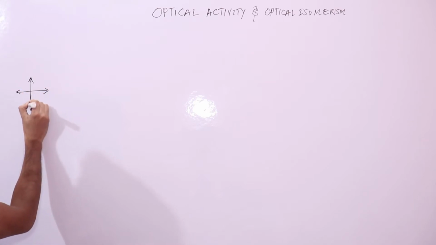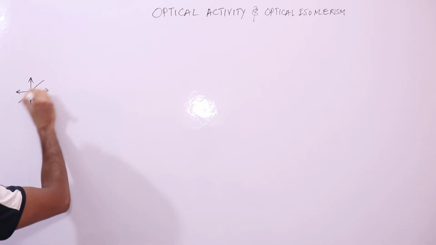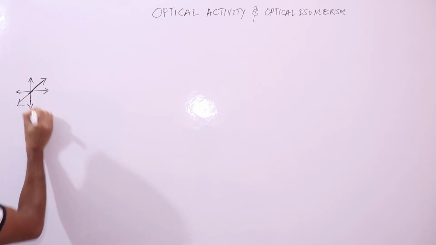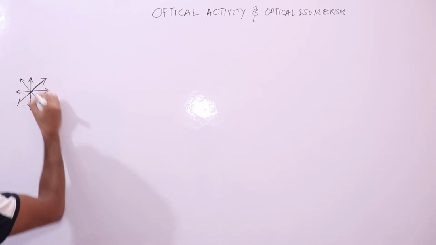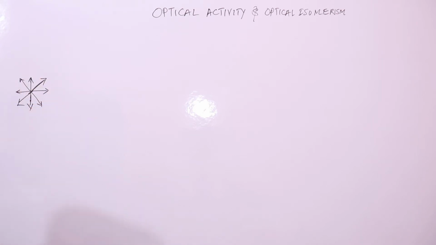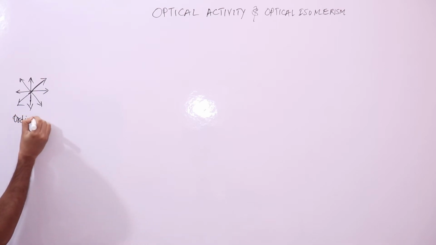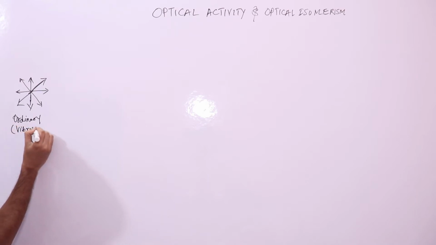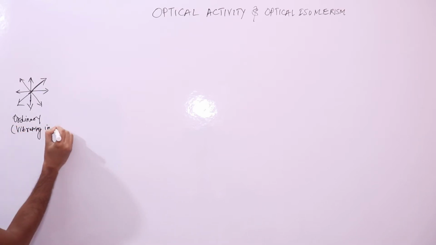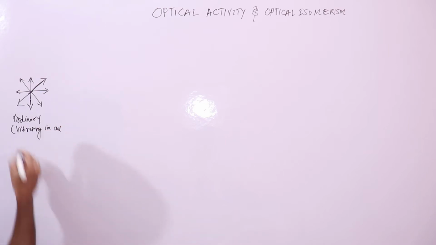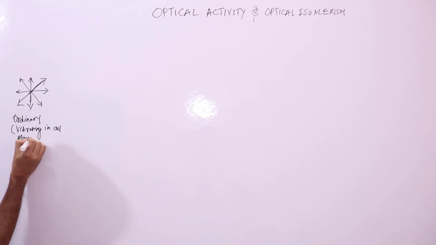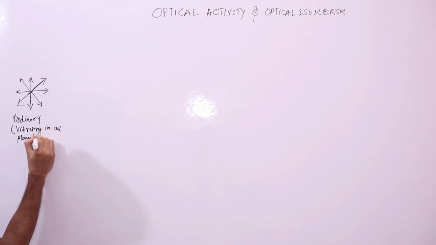In ordinary light we have vibrations in all possible directions, like this. This is your ordinary light, vibrating in all planes or all directions.